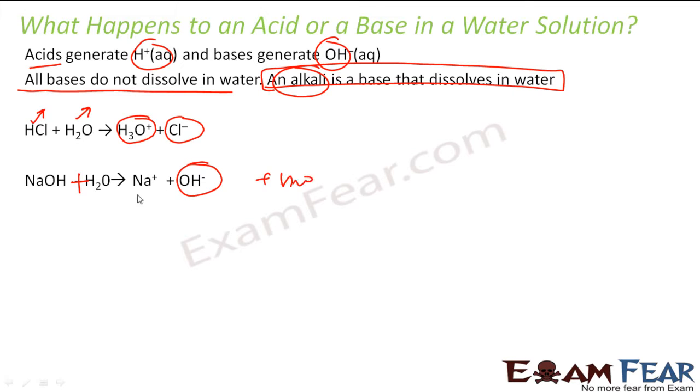So it becomes NaOH, and here this becomes H+ and Cl- actually. Correct? So in a water or aqueous solution, if you put acid, it gives free H+ ions, and when you put the base in water, the alkalis which are soluble in water give OH-.